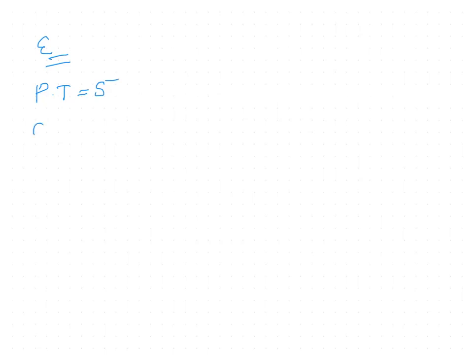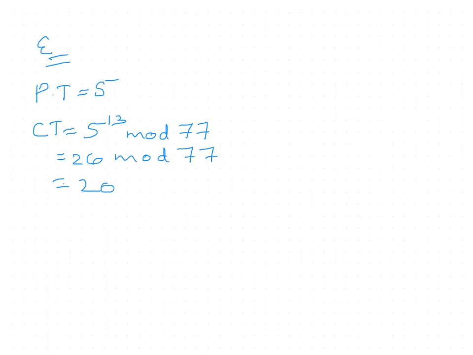So ciphertext is equal to 5 to the power of E, which is 13, mod N, which is 77. You'll see that 5 to the power 13 mod 77 ultimately gives me 26.